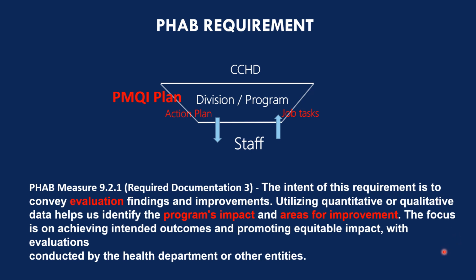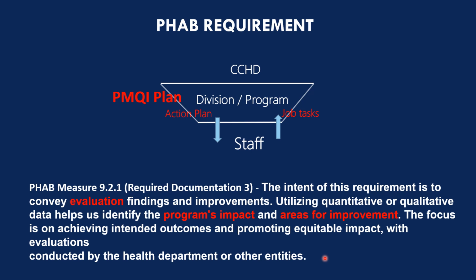All right, so we have established that this is a FAB measure. It's part of the set of foundational documents along with the CHA and the CHIP and the strategic plan and the workforce development plan. But the PMQI plan is about evaluation. Making the necessary improvements, measuring our work, measuring our daily actions.